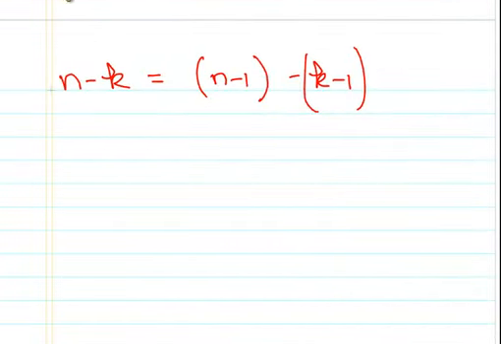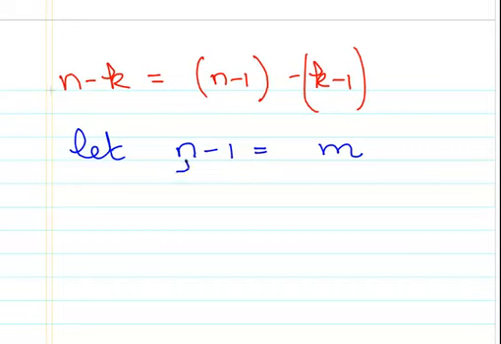So what I'm going to do now is rename a couple of our variables. Let n minus 1 equal m, and let k minus 1 equal j. So a bit out of the ordinary.